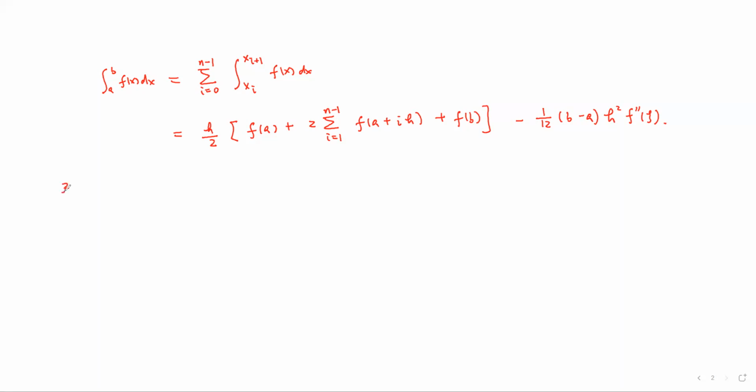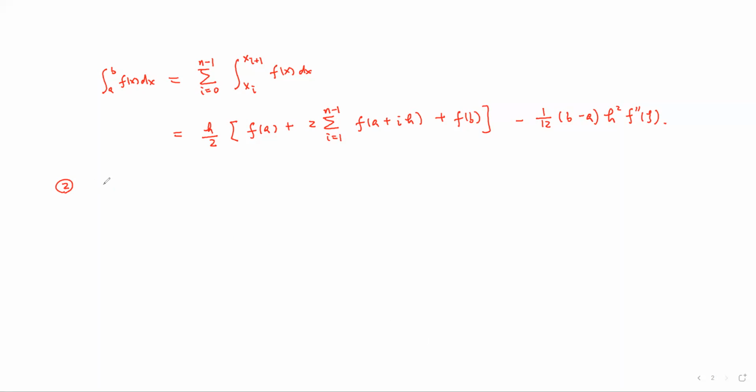Now, subtopic number 2. I want to develop the Romberg integration method. Let me use a different color.